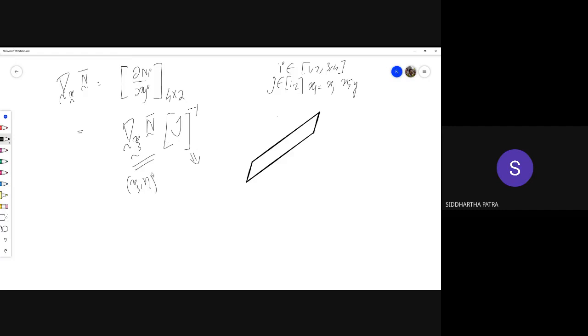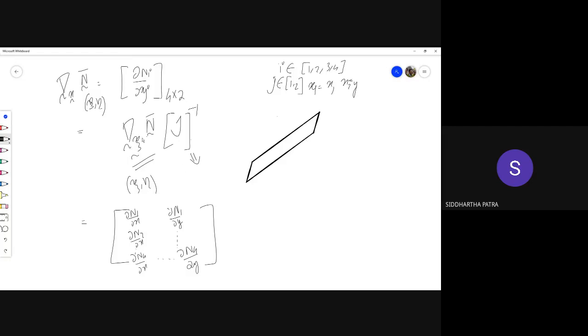The individual terms in this matrix are del n1 del x, del n1 del y, del n2 del x, ultimately del n4 del x, and here also all such terms, ultimately del n4 del y. So this entire matrix is going to be a function of xi and eta, even if the Jacobian is a constant.